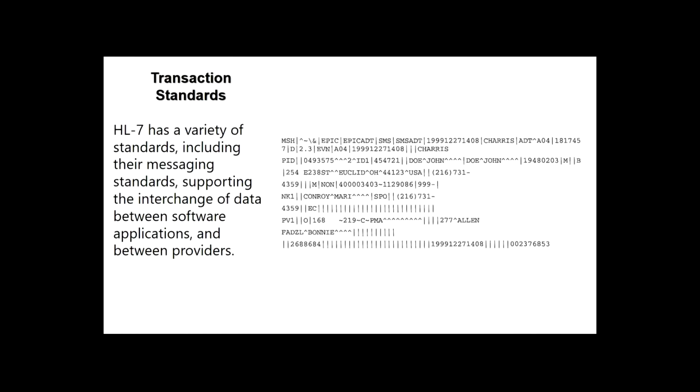All right, HL7, we've kind of gone over this previously, and it has a variety of standards, including messaging standards, supporting the interchange of data between software applications between providers. These can be set up between disparate systems where, for example, New Hanover has the Epic system, and their emergency department has software that is specific to the emergency department, but it's not Epic system software.